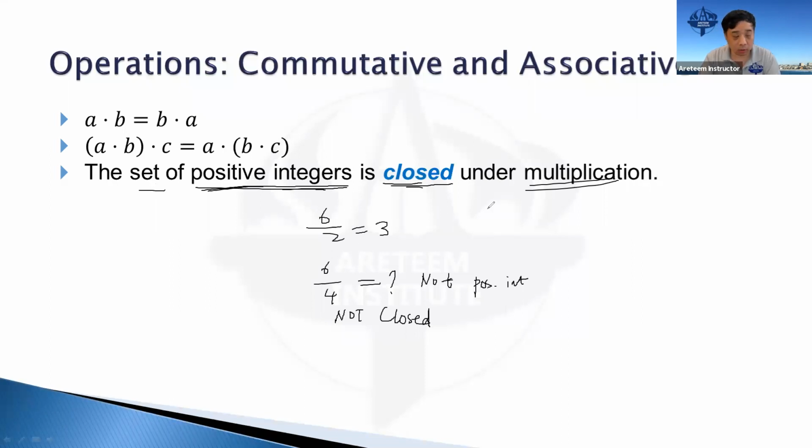So what we're talking about is actually 2 things. One is the set itself, the positive integers. Another thing is the operation. The operation is also important in this property. The operation of multiplication on this set is, first of all, closed, which means any 2 numbers multiplied are still in the set.